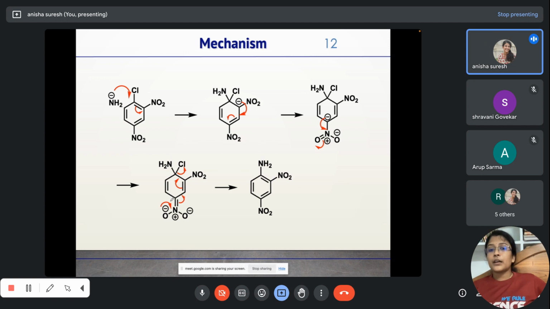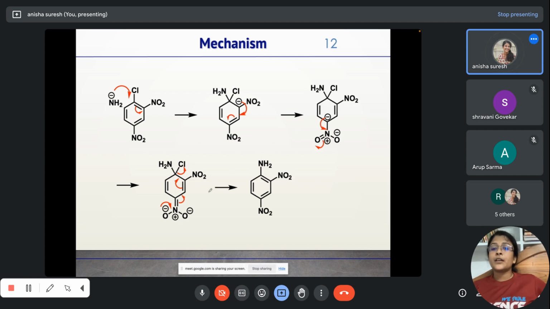Now here the aromaticity of the system is lost. So we have to gain the aromaticity of the system back. So this lone pair of electrons on the oxygen will fall down. This N double bond will break and this double bond will migrate into this position. This double bond will migrate here and this C-Cl bond will break and Cl minus will be leaving.